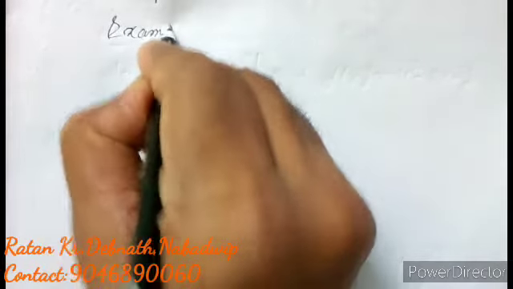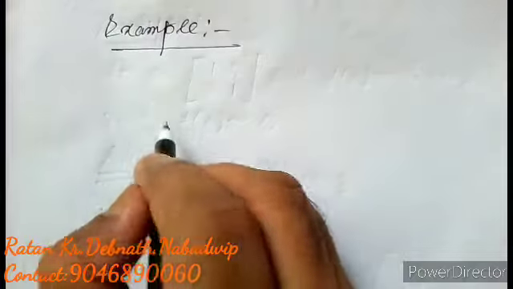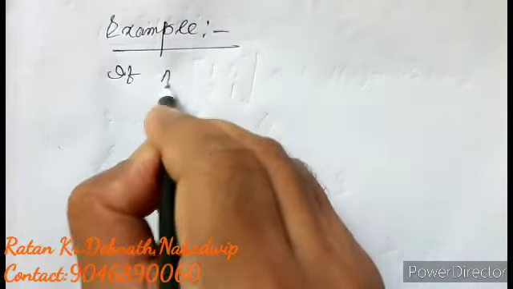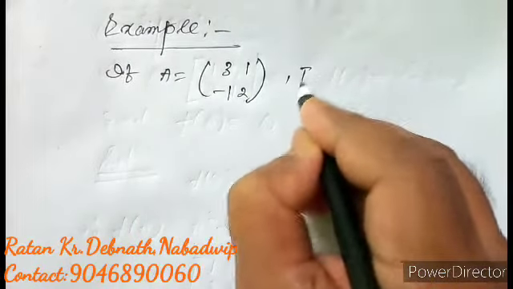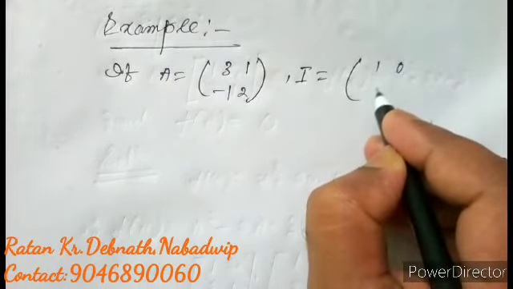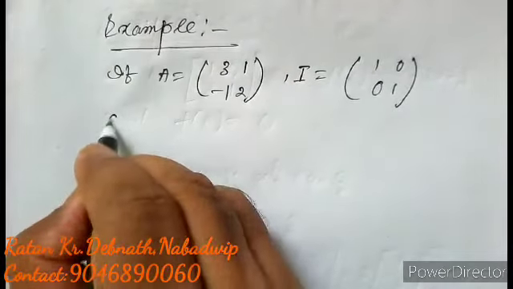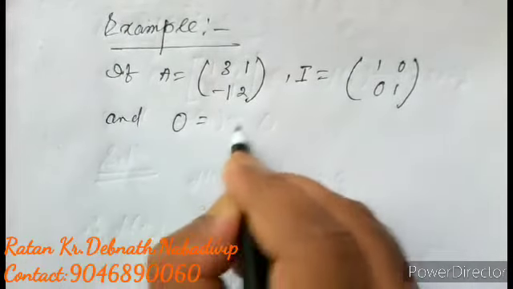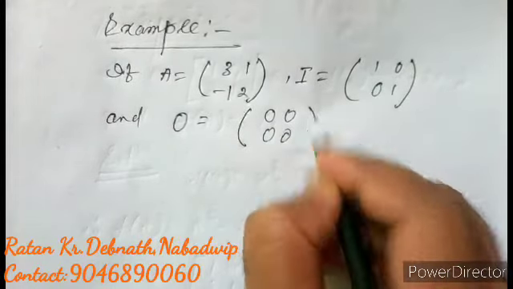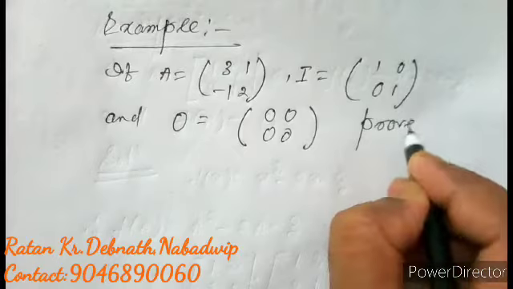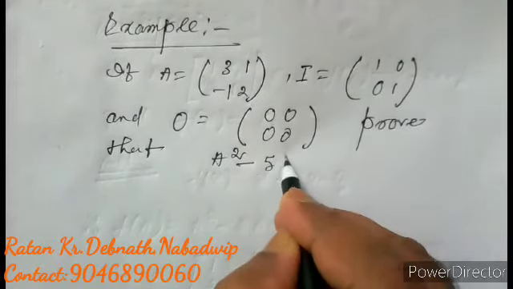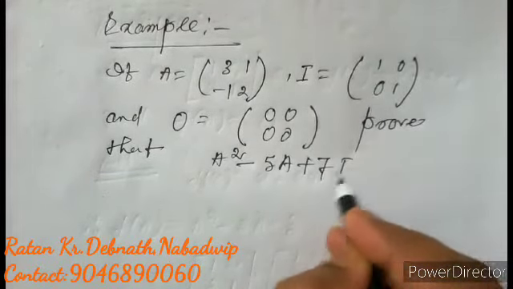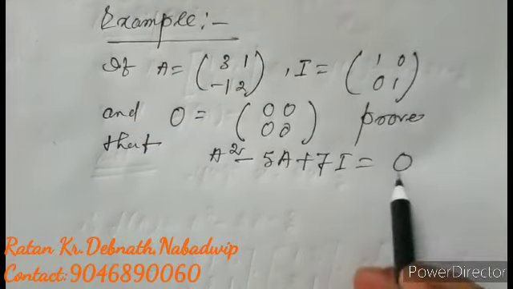Let me give another example. If A is given, which is the zero matrix, prove that A square minus 5A plus 7I equals 0, that is the zero matrix.